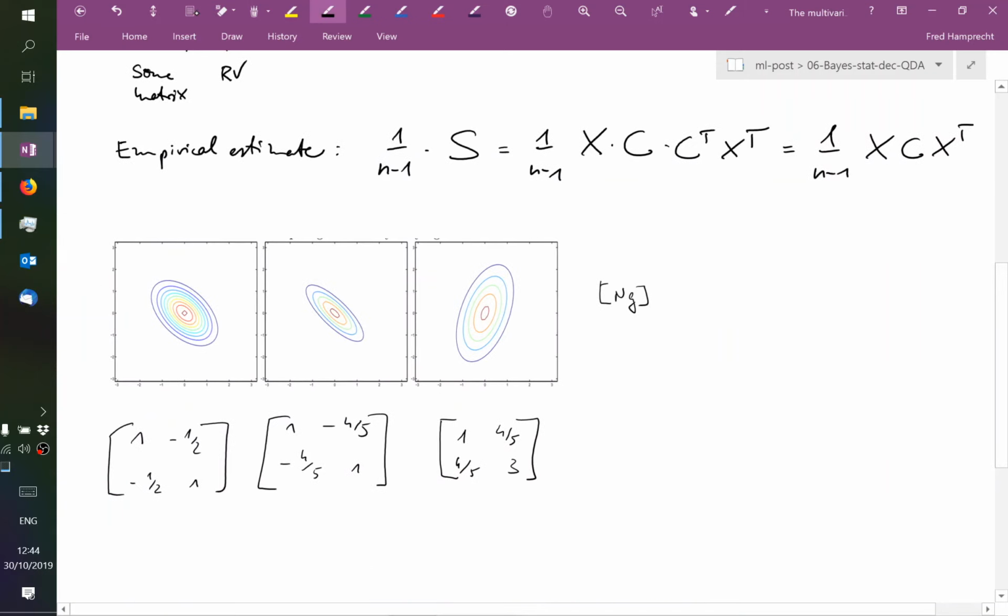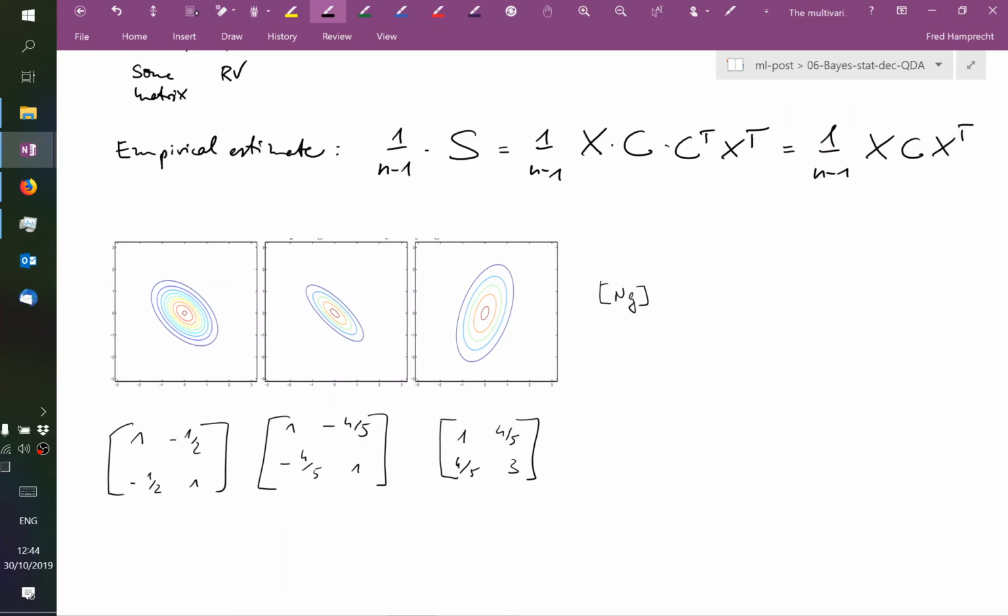And I have a few pictures here. So these are some isocontours of a multivariate Gaussian. And yes, the Gaussian itself, I still have to give you the formula. But it already gives you a feeling for these covariance matrices.